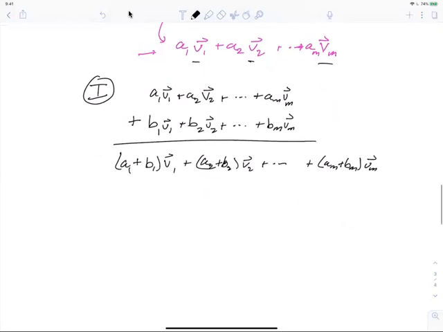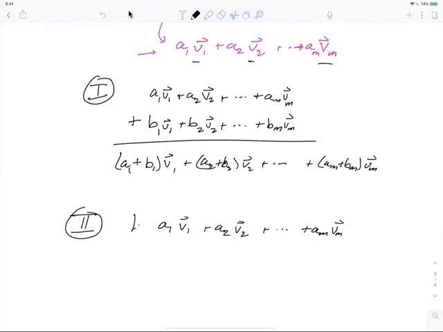And likewise, to check the second condition, if I take some combination of vectors and I multiply this all by K, where K is some real number, well, this is just the same thing as KA1 times V1 plus KA2 times V2.